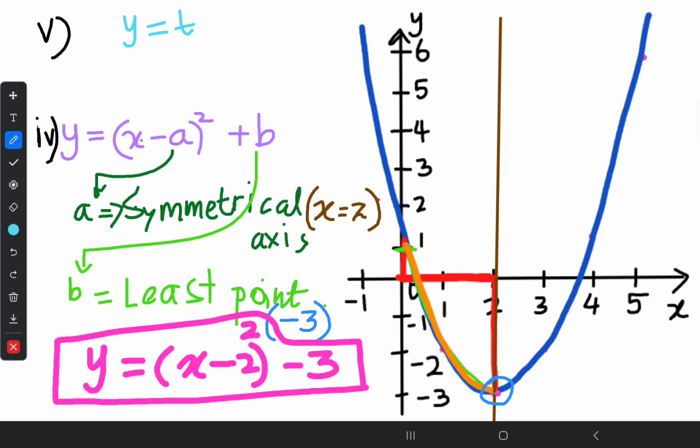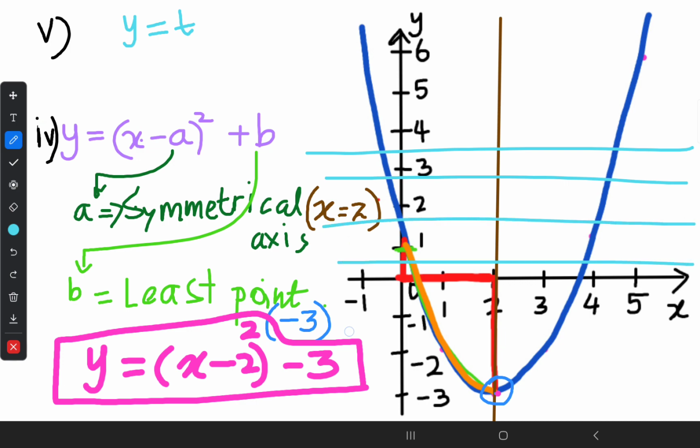That means we are going to draw some parallel lines, parallel to the x-axis.